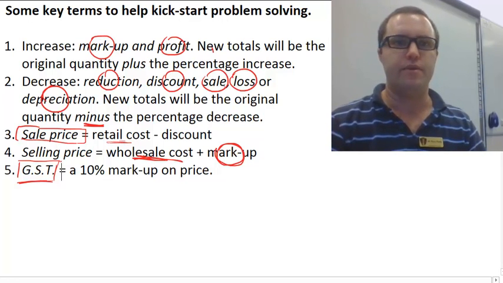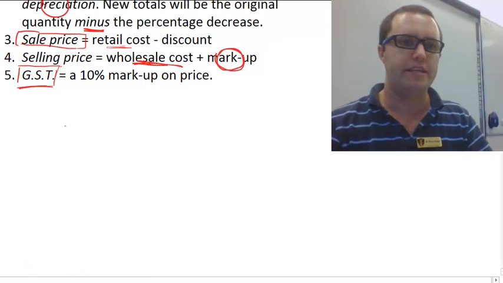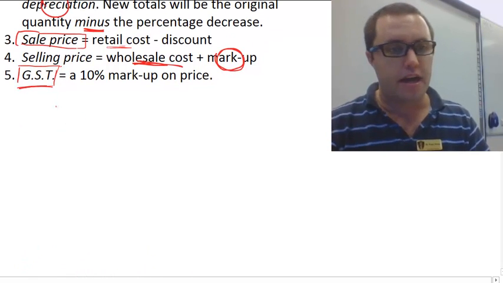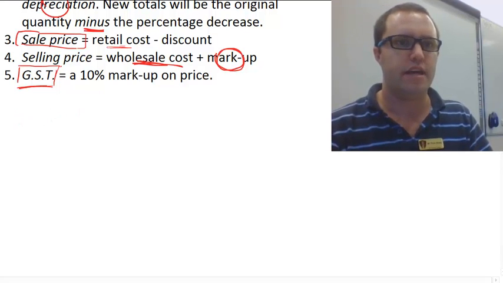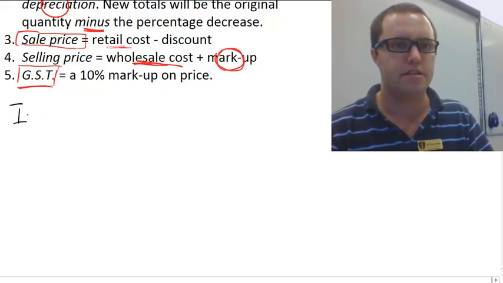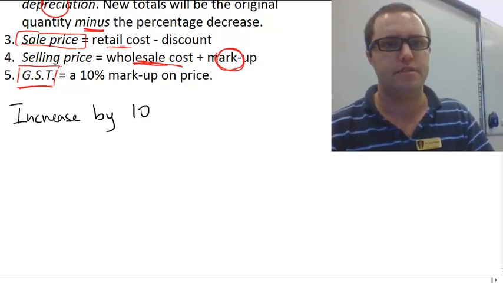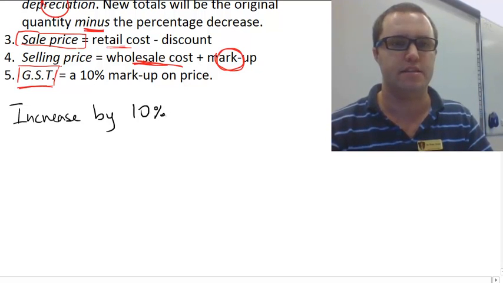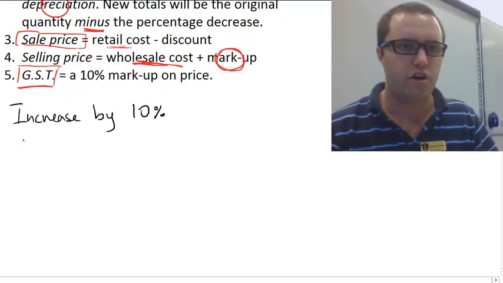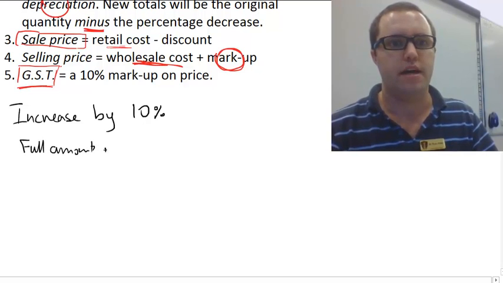Okay, now with these percentage increases and decreases, to make things quicker and easier, and especially because we have calculators, I want you to remember that if we're looking at something that is being increased by, let's say, 10%, like our GST, that means that it is the full amount plus 10% of the full amount.